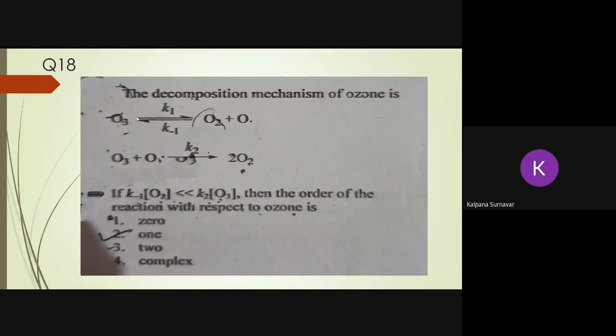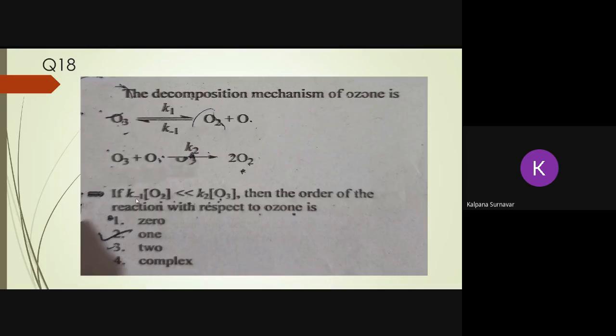Here we have to form O2 from O3. O3 initially gives O2 plus O, then the ozone from the system reacts with the intermediate oxygen which is formed, and then 2 O2 is formed.